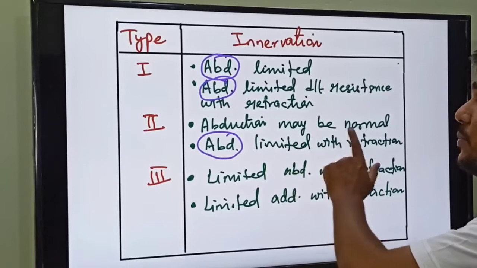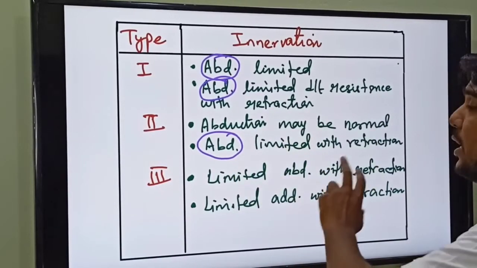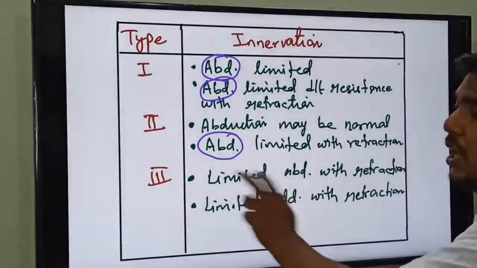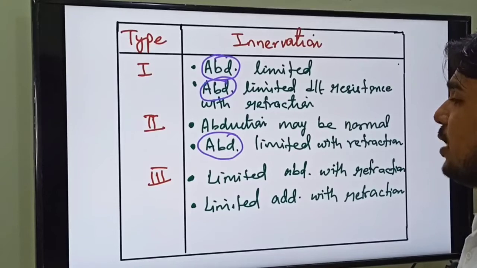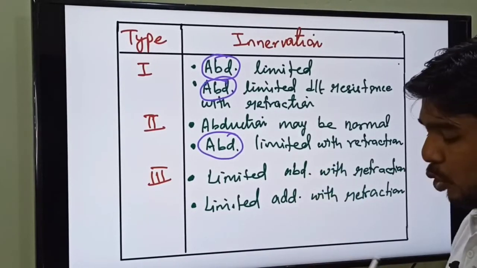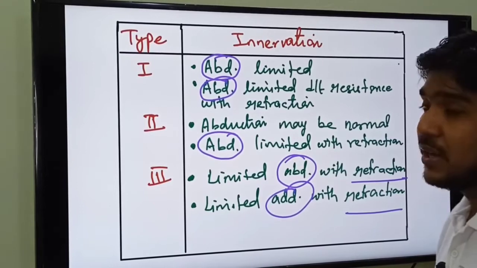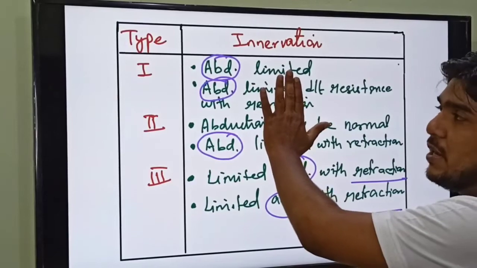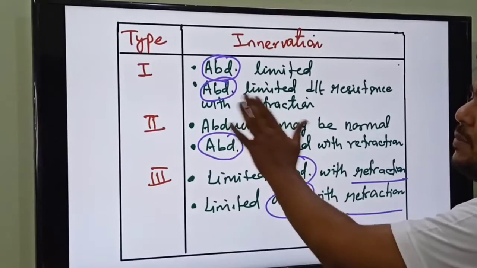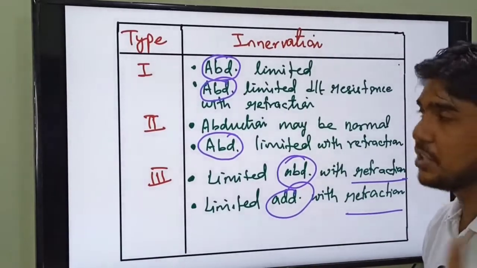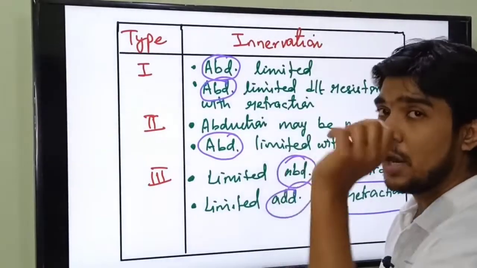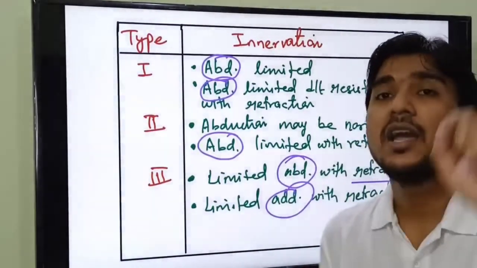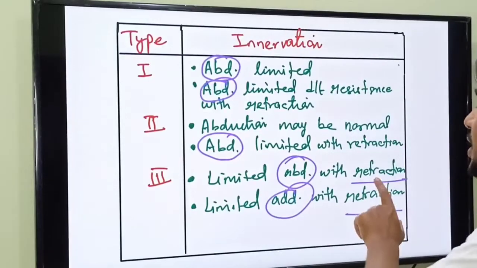Here abduction is usually normal, but when there is a retraction, then there is a limitation. And here remember this fact that in type 3, both abduction and adduction are limited with retraction. Abduction is normal but limited with retraction. Here both abduction and adduction are abnormal with retraction. This is a very important point.